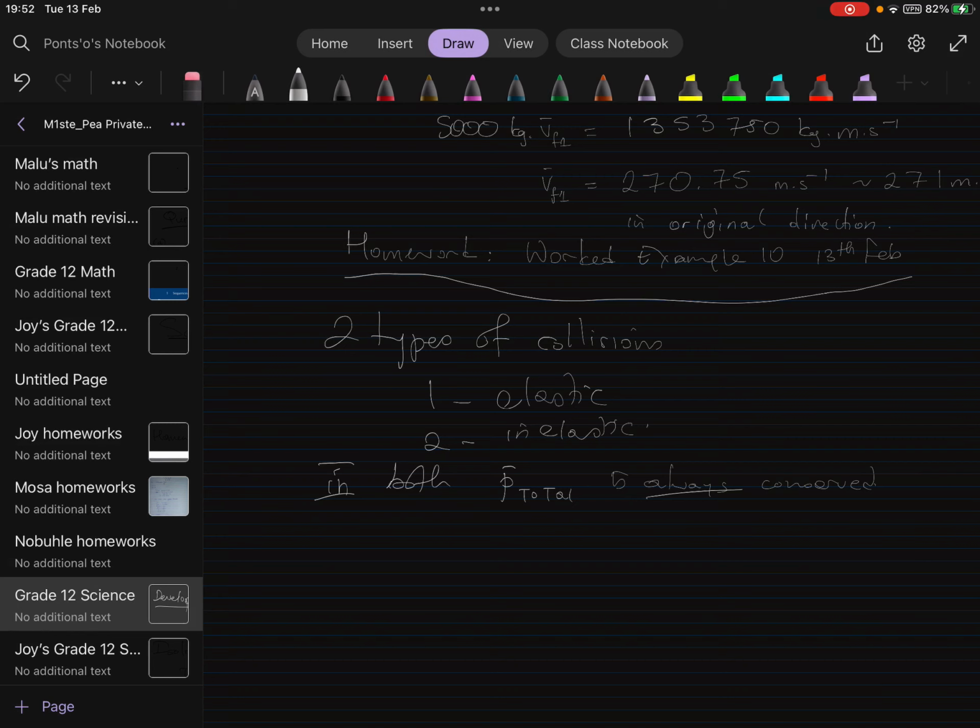But here's the difference. Do you know what kinetic energy is? Yeah, sort of. So kinetic energy is moving energy, from kinesis meaning movement. And what they're saying here is that kinetic energy is conserved for elastic collisions, but it's not conserved for inelastic collisions, right?